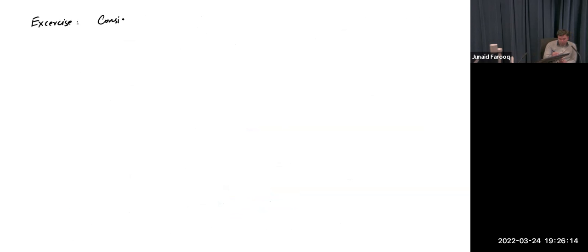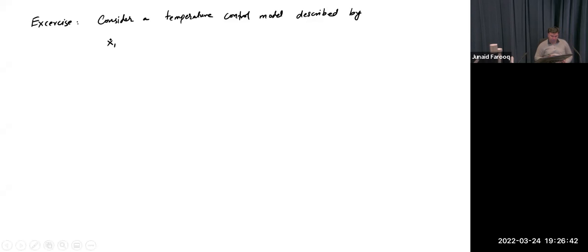So consider a temperature control model which can be described by the following set of equations.